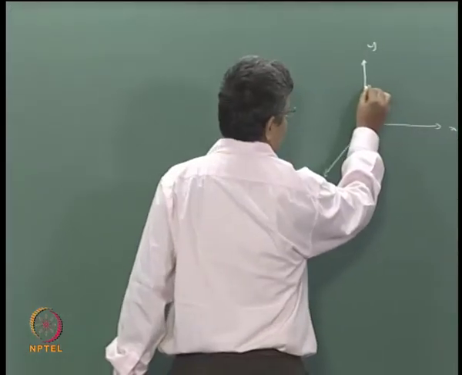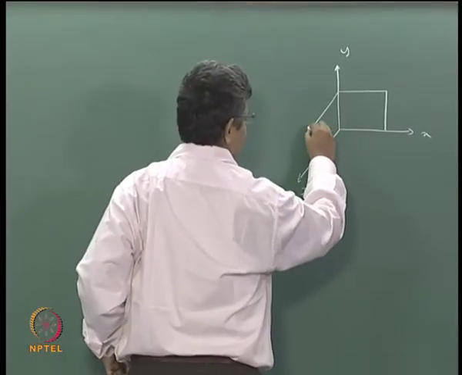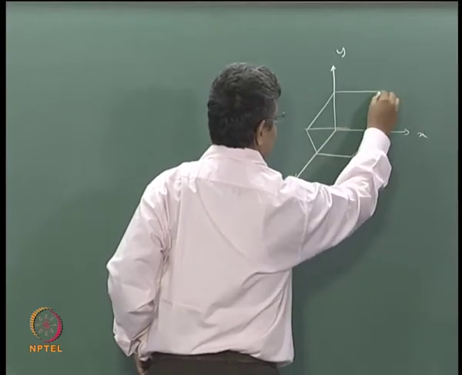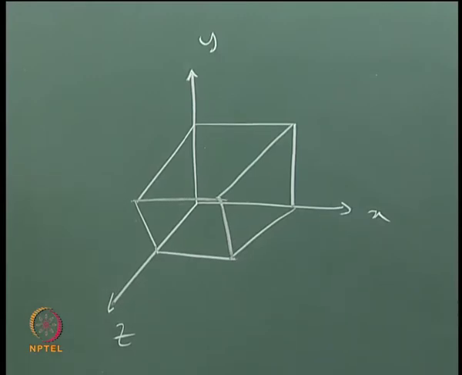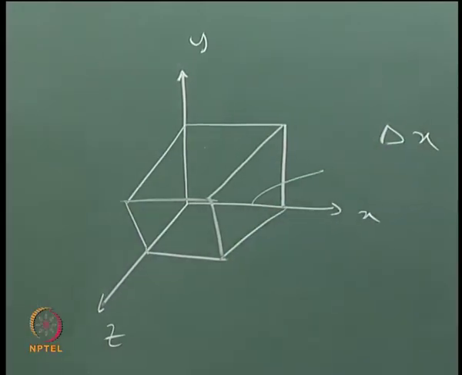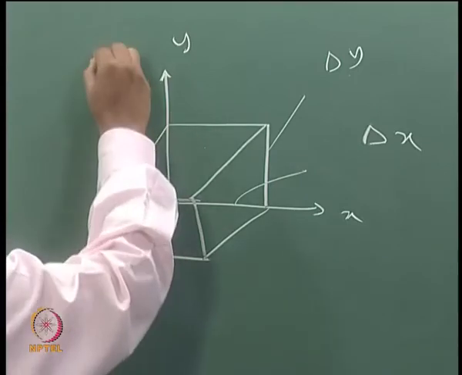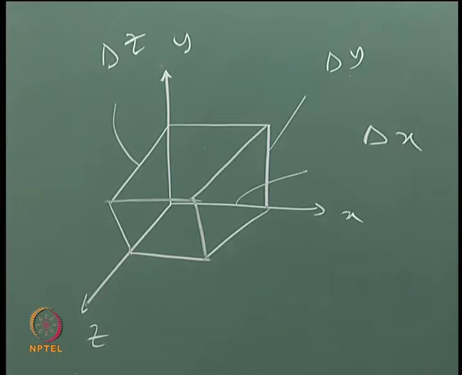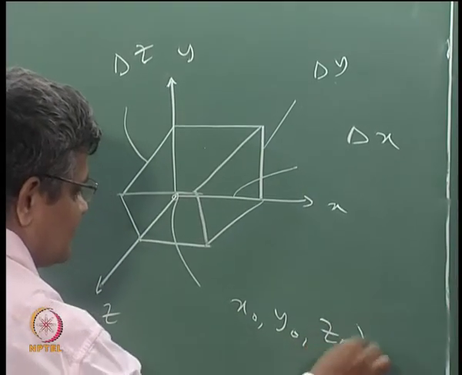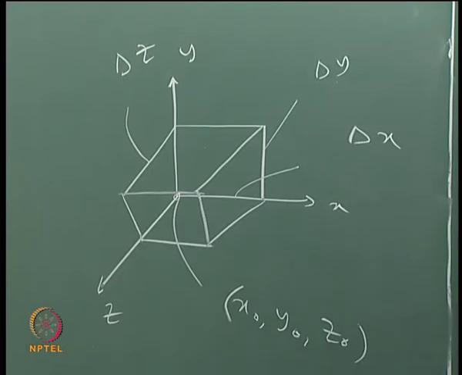So that is why we have a rectangular shape in this, and this is a control volume, and it has a length in the x direction of delta x, length in the y direction of delta y, length in the z direction as delta z, and we fix the origin here, and this origin is at x0, y0, z0, and for the sake of simplicity we assume that we have a stationary fixed coordinate system.